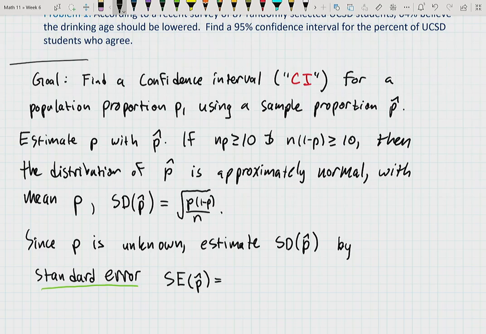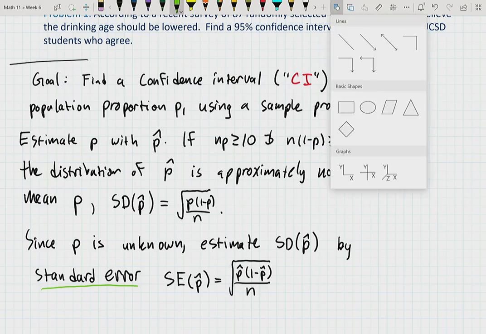And what's the standard error? Well, since we don't know what p is, let's just replace it with our best guess for what the population proportion is. And our best guess is the sample proportion. So all I'll do is just put hats on the p's. And that's our standard error: the square root of p hat times 1 minus p hat over n.